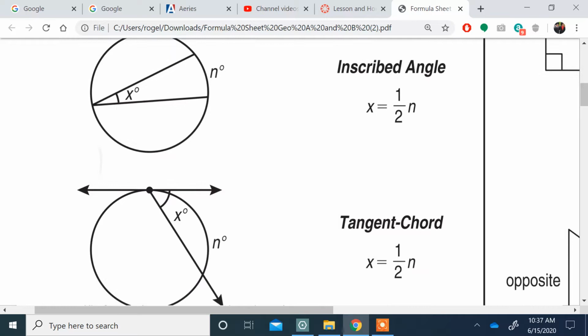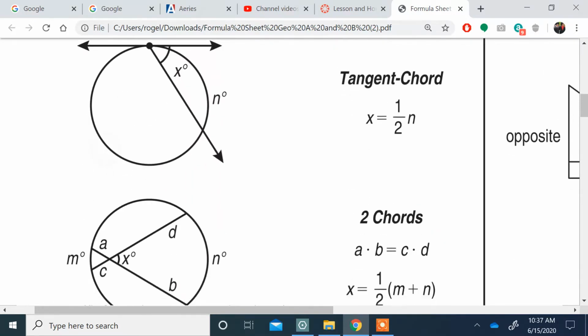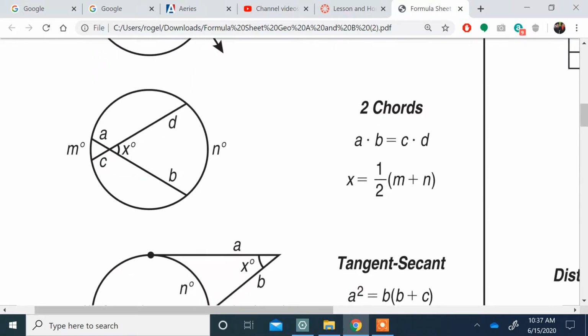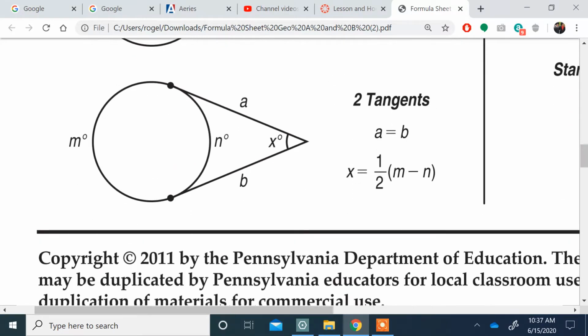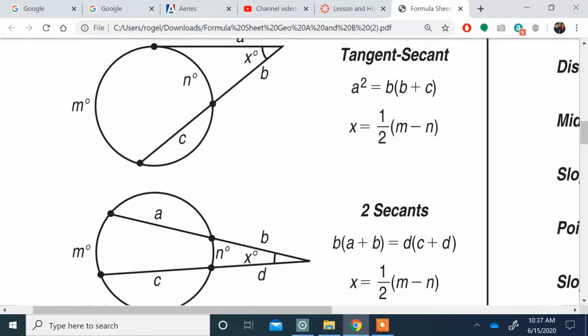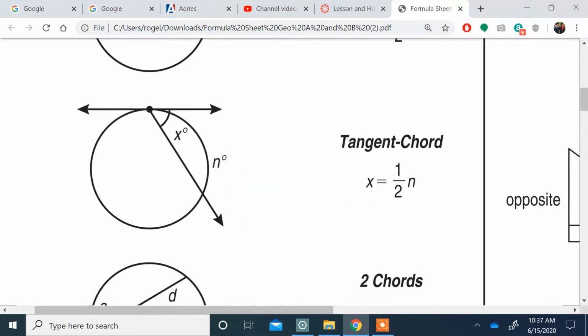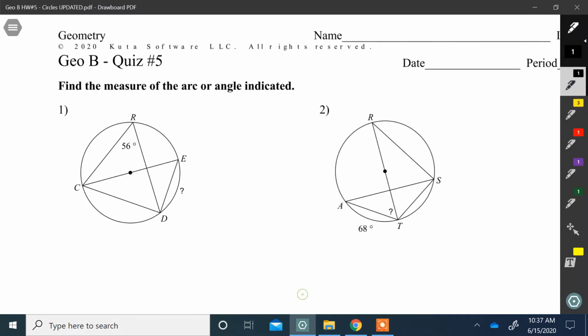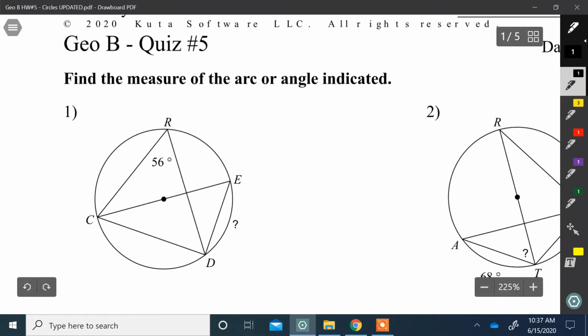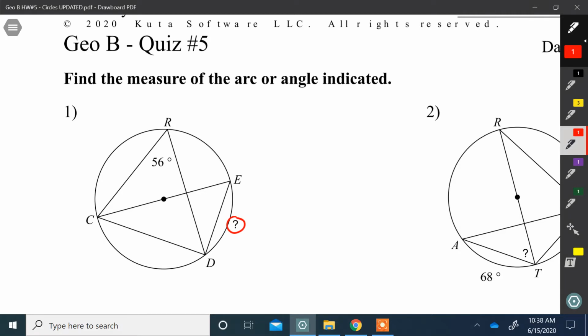So in here we have an inscribed angle, a tangent and a chord, two chords, a tangent and a secant, two secants, and two tangents. We need to be able to identify what we have. When I look at this problem right here, they're asking me to find this question mark right there. How do I do that?